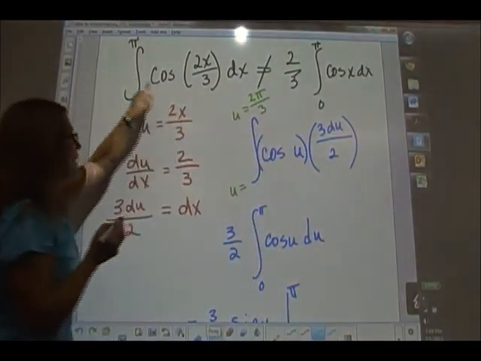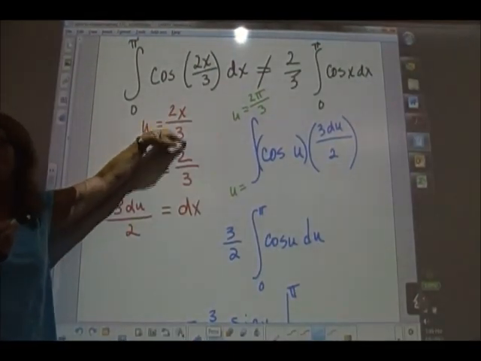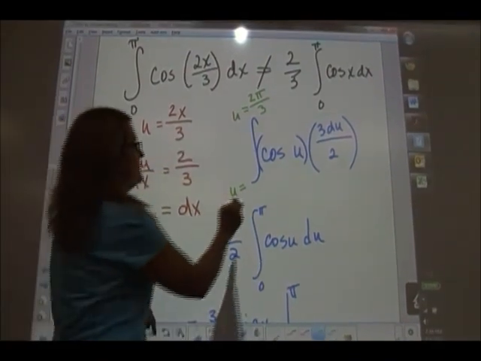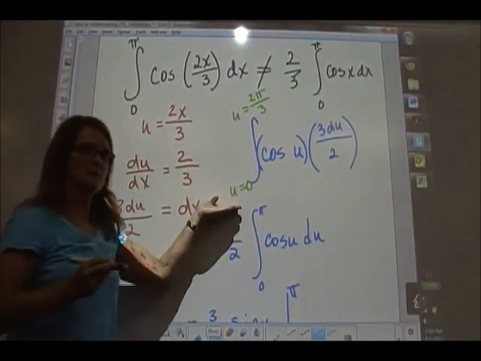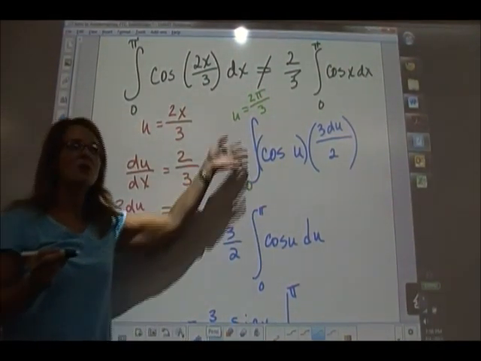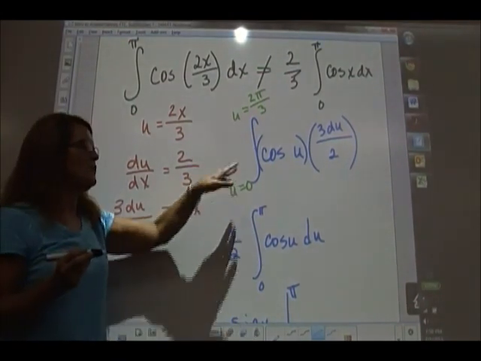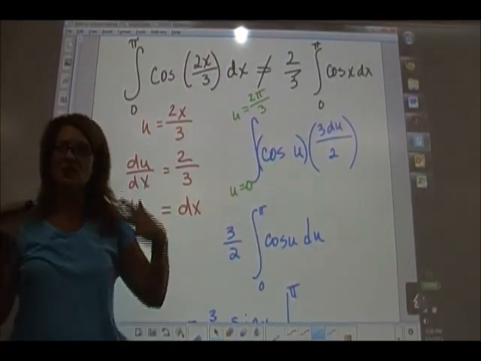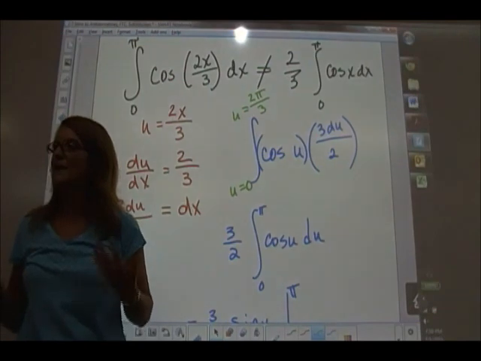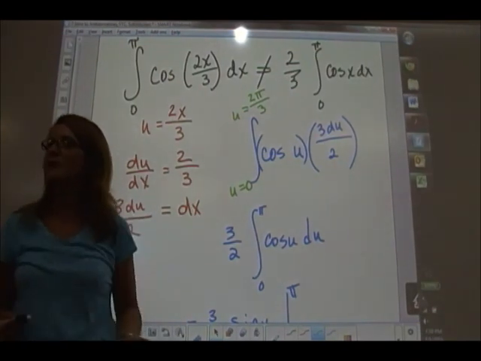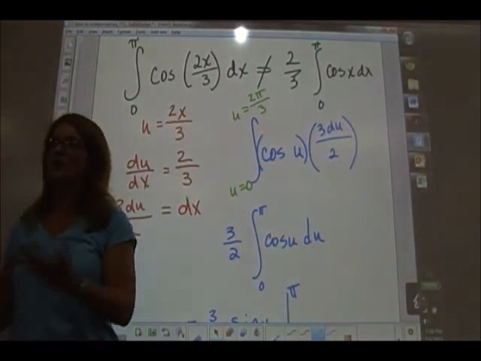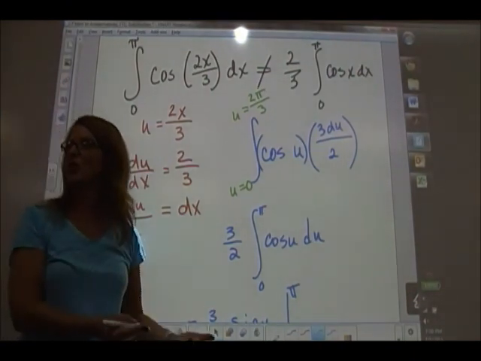Okay, so when x is 0, u is 0. All right, does that make sense? Notice the notation. If you leave 0 to pi, it is just flat out wrong. It doesn't make sense to have boundaries for x when you're integrating with respect to u.